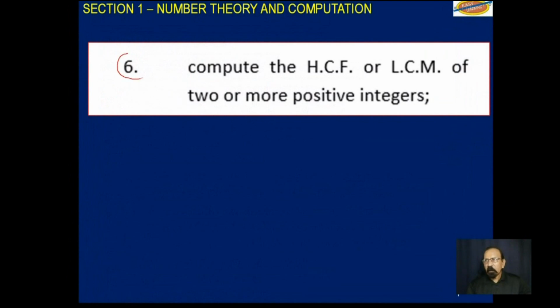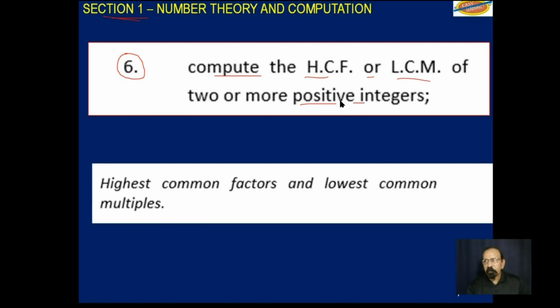We are at objective 6 in section 1 that says compute the HCF or LCM, read that as and, of 2 or more positive integers. And then it goes on to explain highest common factors and lowest common multiples.